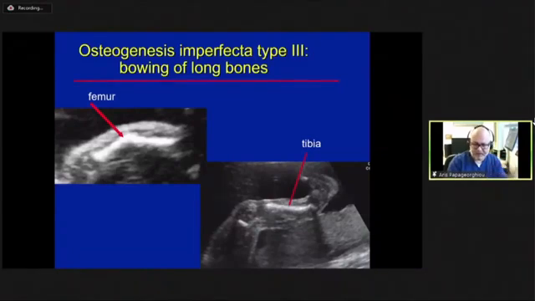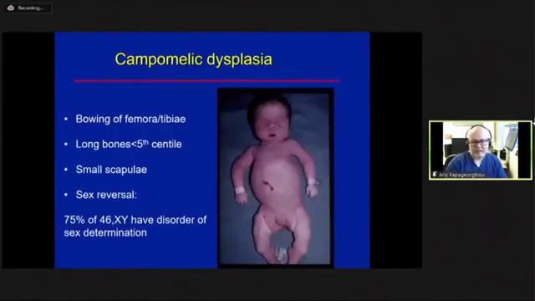Because if a fracture heals, you don't see that sharp angle anymore, and the bone gradually gets a more bowed appearance. Bowing of the femora and tibia is also common in campomelic dysplasia.